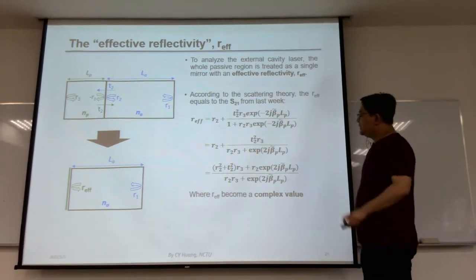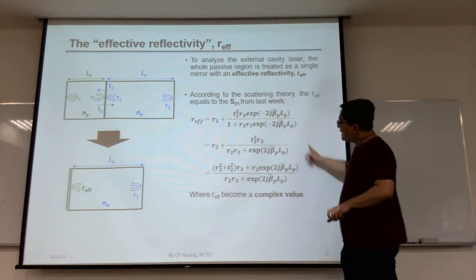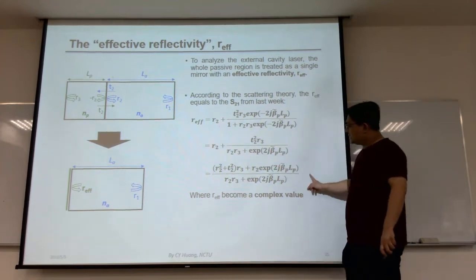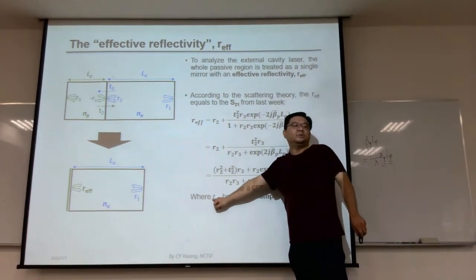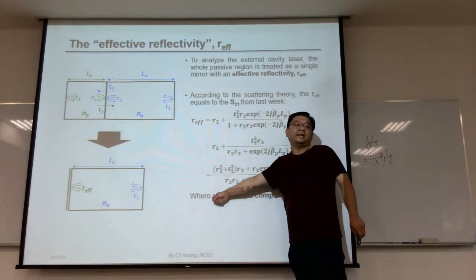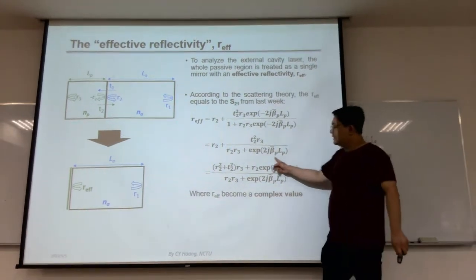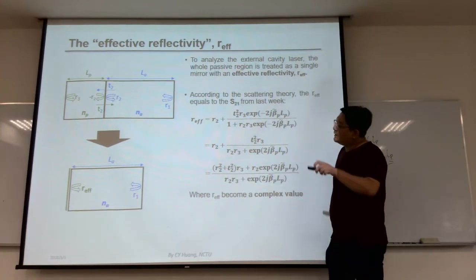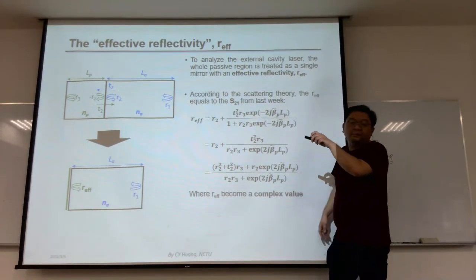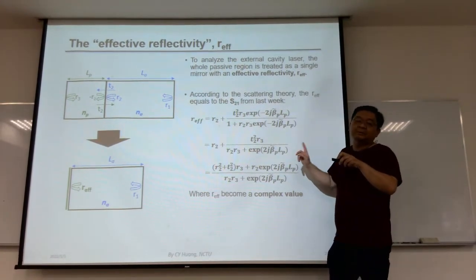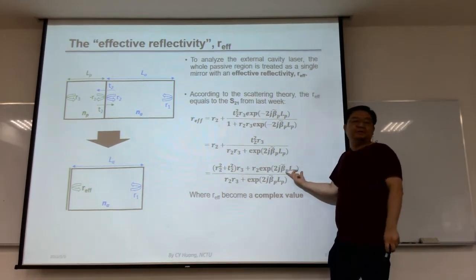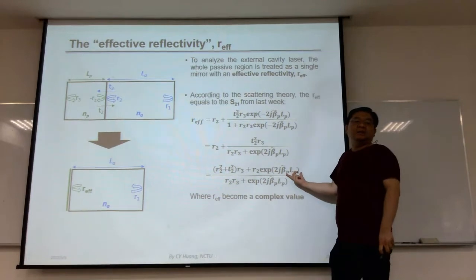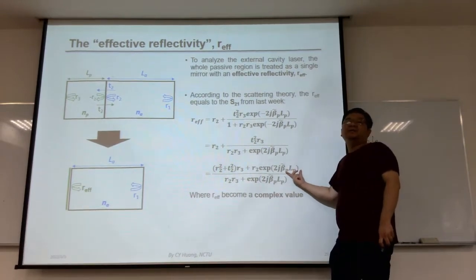Alright. Then in this case, if we further deduce, it turns out that the reflectivity is no more a real number. It has a complex term. Since this is a complex value, the length of LP, the total optical length in the passive region, will change the phase of your reflectivity here.